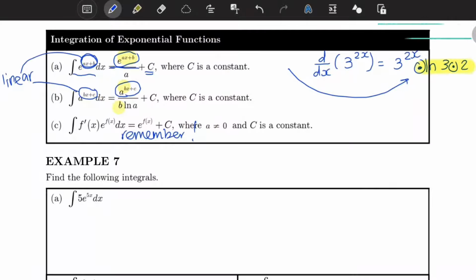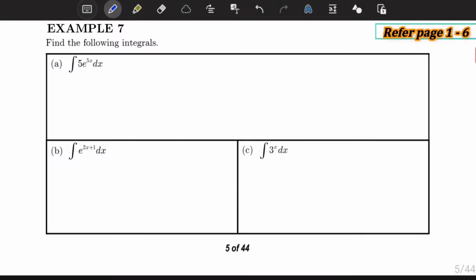Okay, part C. Find the following integral. We can write 5 in front. 5 integrate exponent 5x dx equal to 5, copy the exponent, divide by ln e, ln base, and times differentiate power is 5, plus c for indefinite integral.